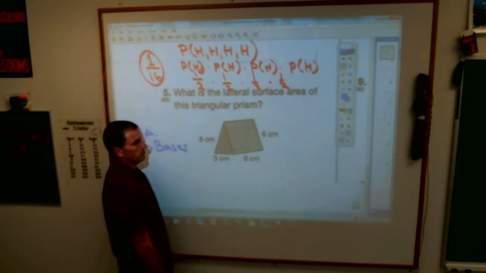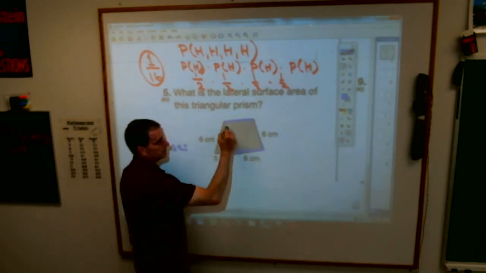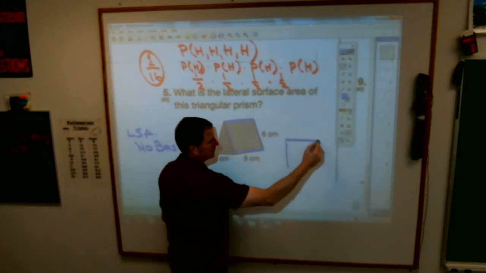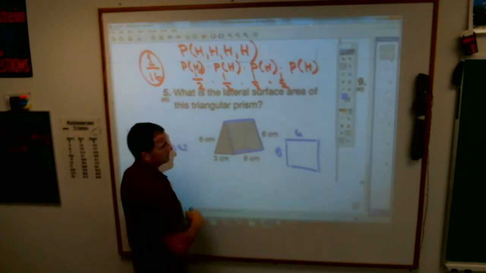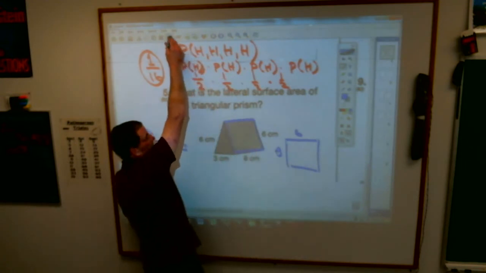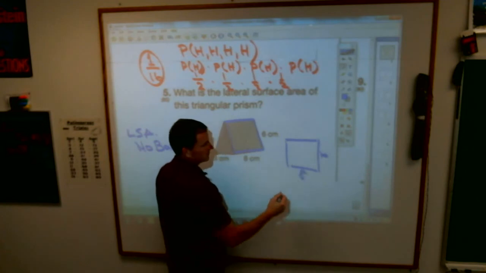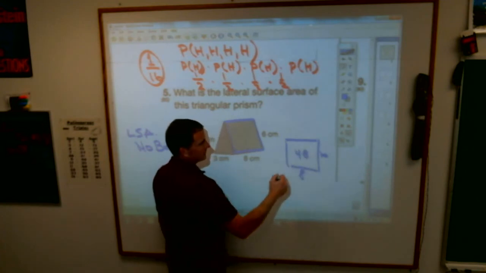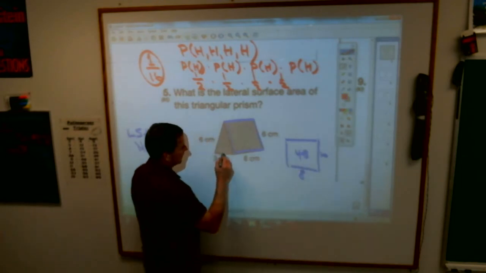Let's just pick it apart piece by piece. You've got this rectangle right here. I'll redraw it right here. It is a 6 by 8 rectangle. Actually, I probably should have done it the other way. It is a 6 by 8. So its area is 48. You've got the rectangle that makes up the bottom, which is what?